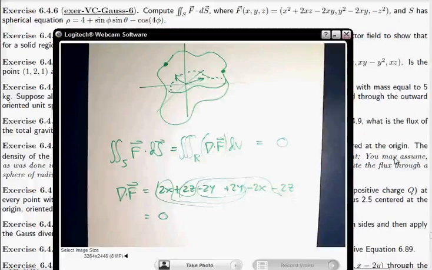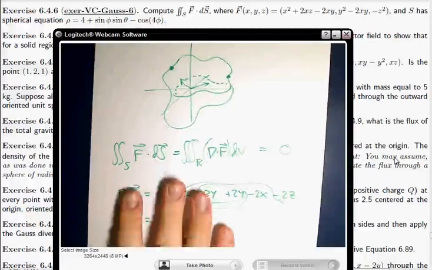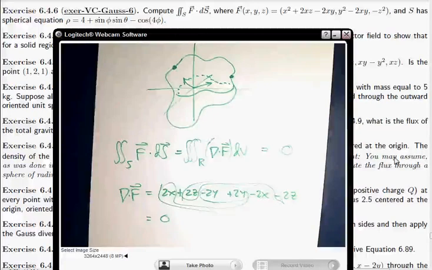Now, what means should you use? Well, that's up to you. And that's one of the skills that I want you guys to develop: how to figure out, wait a minute, should I use chapter 5 techniques? Sometimes you should just use chapter 5 techniques. Sometimes that's the easiest way to do it. Sometimes that's the only way to do it. But sometimes Gauss's divergence theorem is useful. It's worth looking at. And so, for example, what we did here, very, very handy, right?